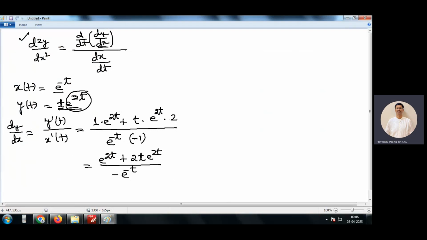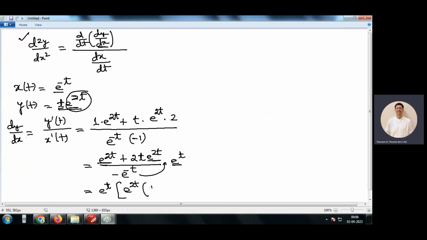This is the answer. Clear? Now, if you want to shift, you can shift it upside. So it will become e to the power t. If you shift this from downside to upside, it will be e to the power t. Clear? And you can see e to the power 2t, e to the power 2t, this you can take outside.